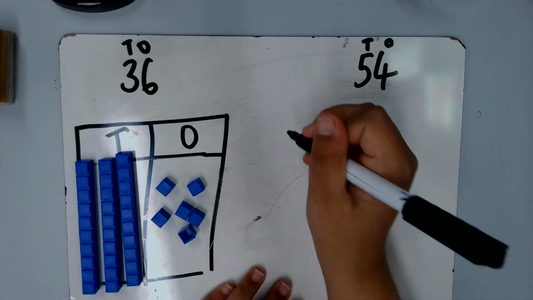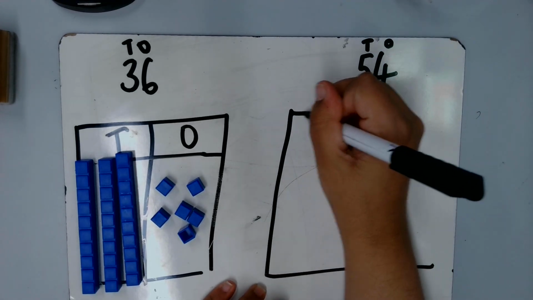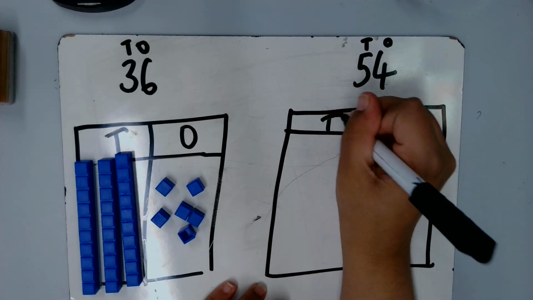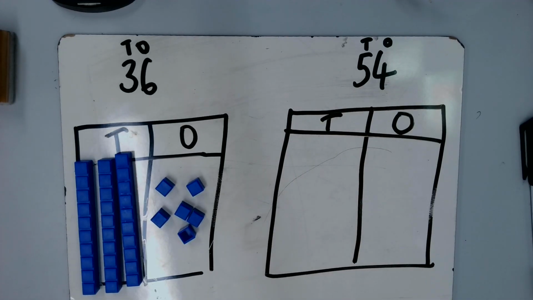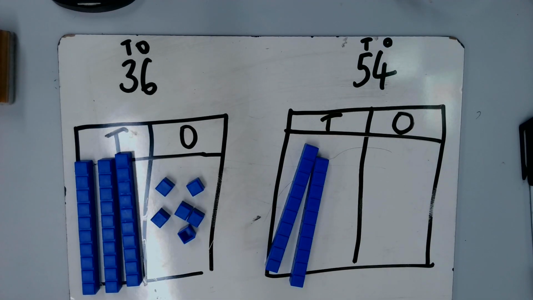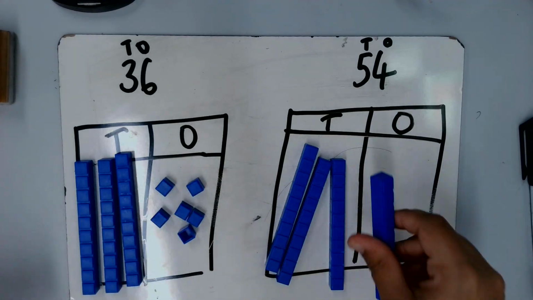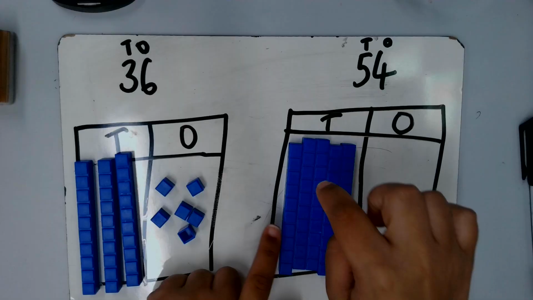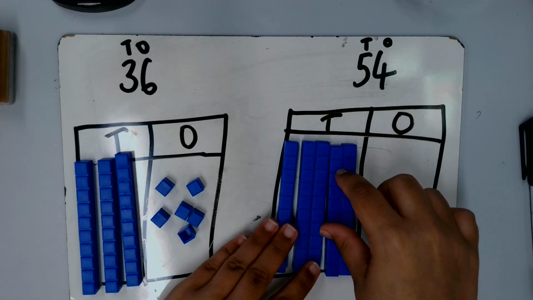Label my tens and my ones, and draw out that same tens and ones chart. In 54, I know that I've got 5 tens, which is the same as 50. 10, 20, 30, 40, 50.